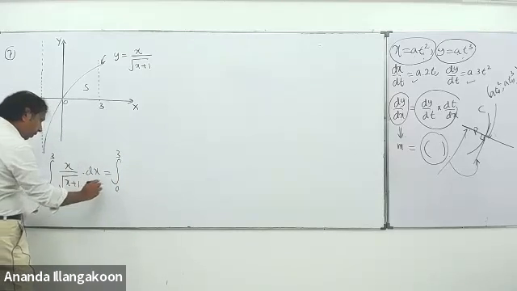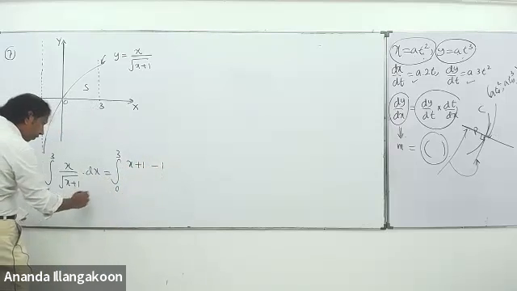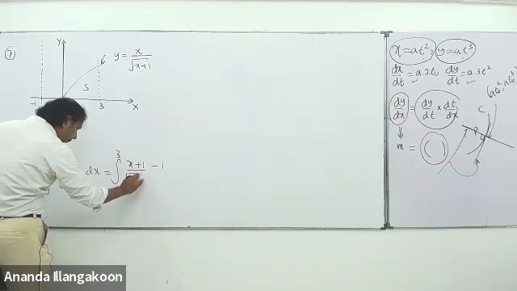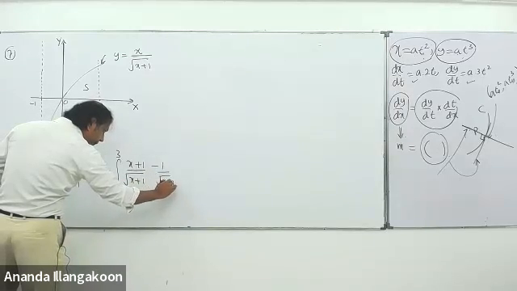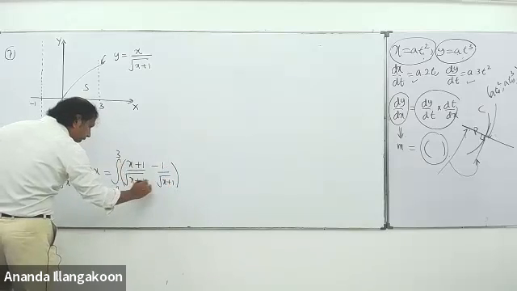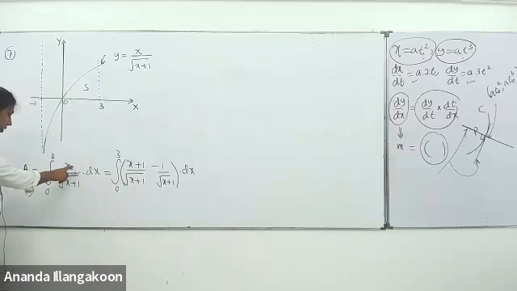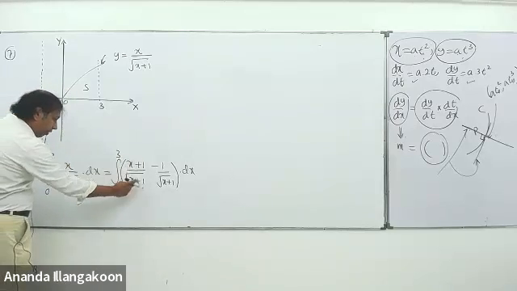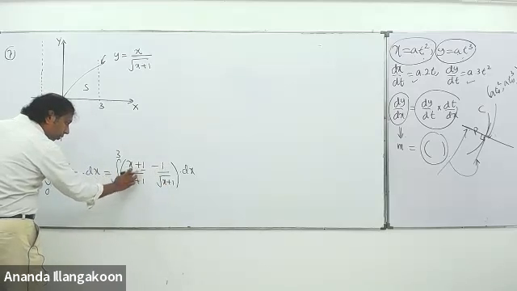How to integrate this? This x we write as x plus 1 minus 1. Divide separately by root x plus 1. I think if I write like this, you can understand it. If not, study further. Added 1, subtracted 1. I divide this by this, so here this root comes here.